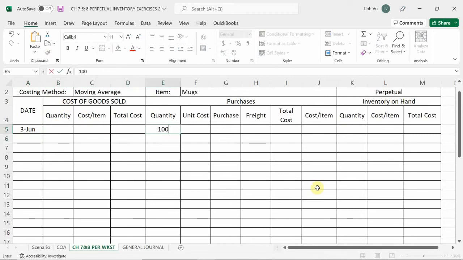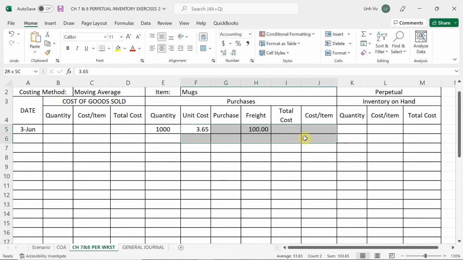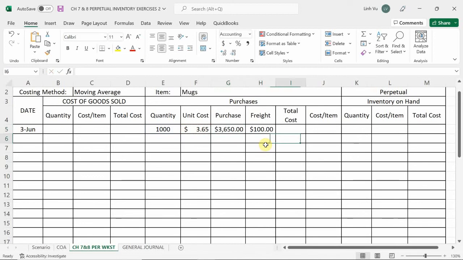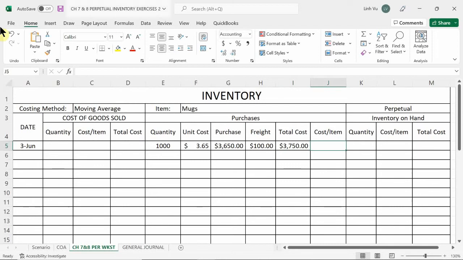We purchased 1,000 units at $3.65 each with a freight of 100. So what is my grand total purchase price? It's 3,750. That's your total cost. Now, what method am I using?